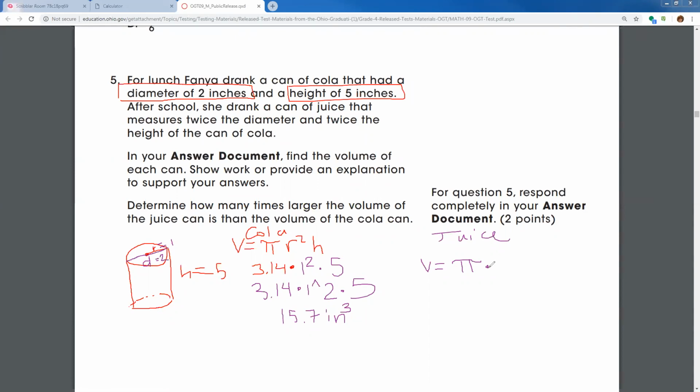Our radius was 1. If it's double that, now we're using 2. And then radius is always squared. Whatever number is there for radius, we put squared on it. What's our new height? Good. New height is 10. Now we go plug this into a calculator and get the decimal for it.